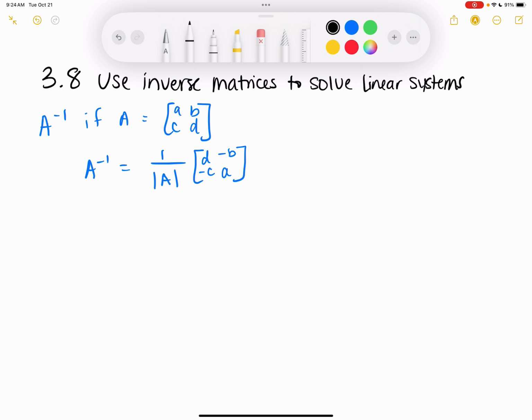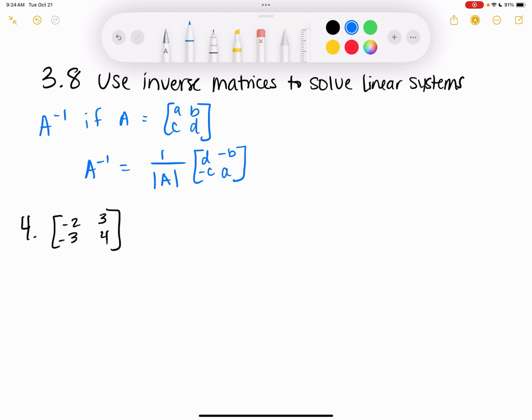So, number 4, we have the matrix -2, 3, -3, 4, and we're finding the inverse.